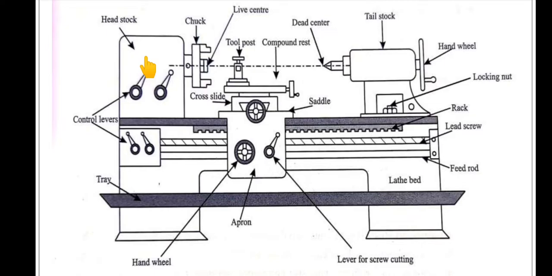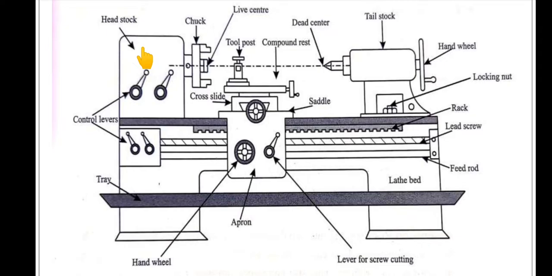It is mounted on the left-hand side of the lathe over the guideways. It comprises the main drive connected to a stepped cone pulley and back gear for different speeds. The main drive is the motor, which is connected to the chuck through pulleys.